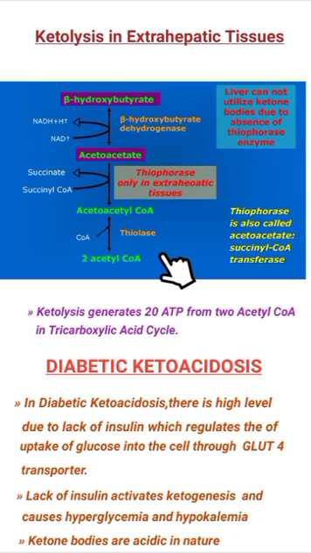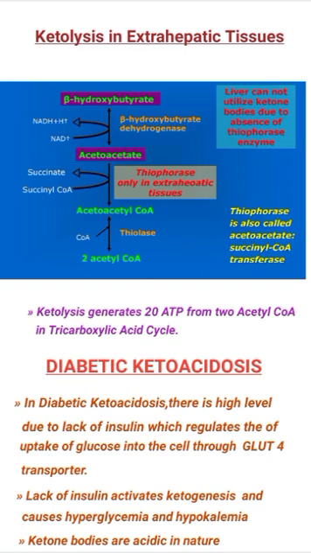Now, what is the fate of these two acetyl-CoA? In the brain or in the muscles, these two acetyl-CoA can enter the Krebs cycle to produce ATP. What you should know is that the muscle cells and the brain use ketone bodies. The brain is also special because it cannot use beta oxidation.